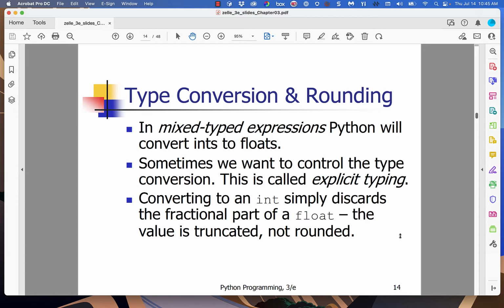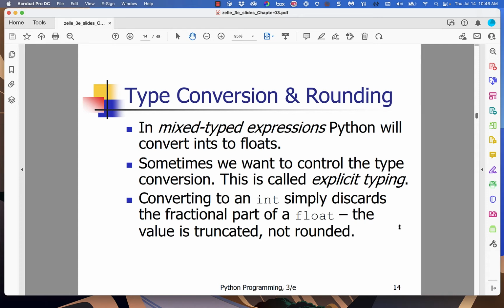Which is why we have a bullet here that says in mixed type expressions, Python will convert ints to floats. Sometimes we want to control the type conversion. This is called explicit typing. Converting to an int simply discards the fractional part of a float. The value is truncated, not rounded.